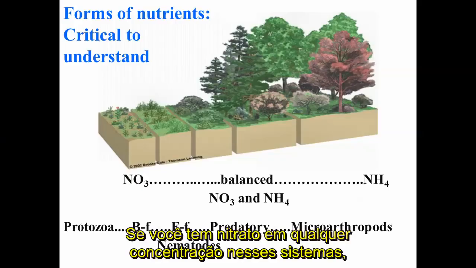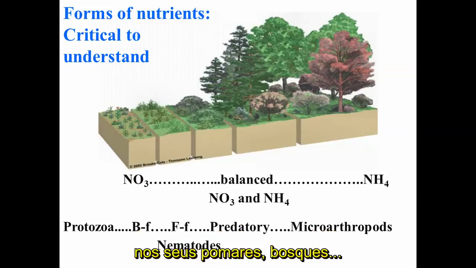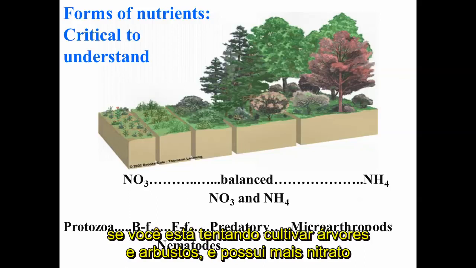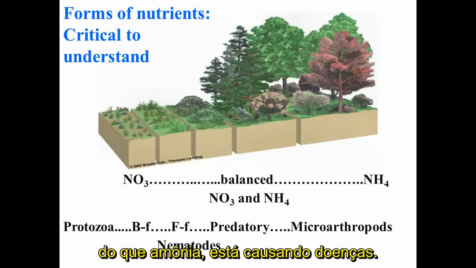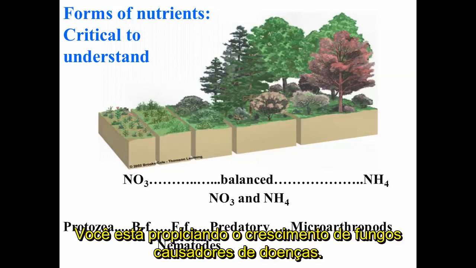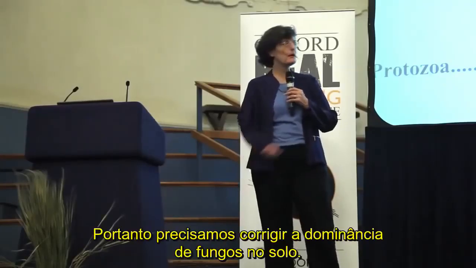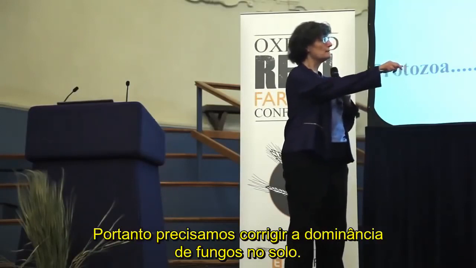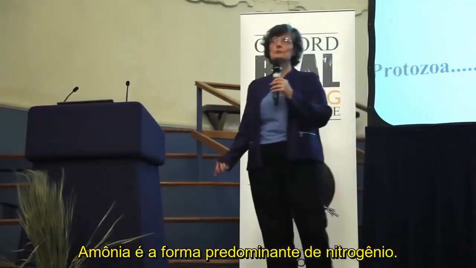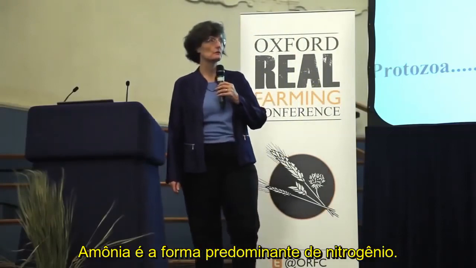If you have any nitrate at all in these kinds of systems, in your orchards, in your woodlots, if you're trying to grow trees and shrubs, if you've got more nitrate than ammonium, you are causing disease. You are setting the stage to grow the disease-causing fungi. You are suppressing the mycorrhizal. So we have to get that soil fungal dominated. So ammonium is the predominant form of nitrogen.